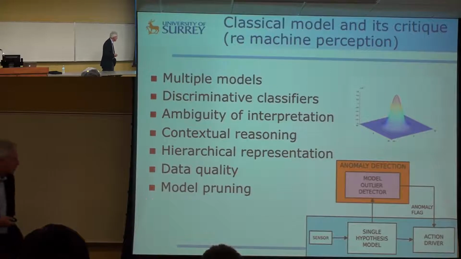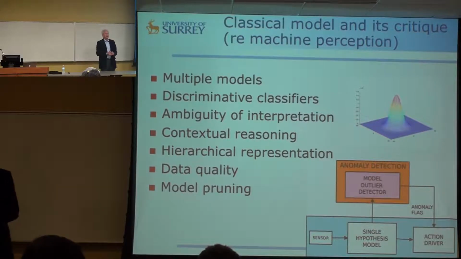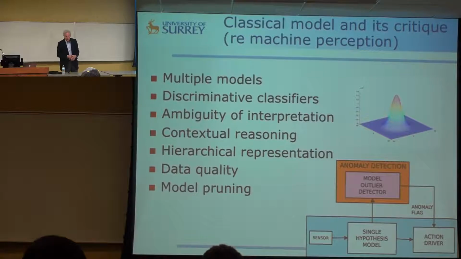And very often we inflict the anomaly problem on ourselves by trying to make our system very efficient. If you imagine that your complex machine perception system deals with more and more classes, then to make decisions efficiently, you very often organize the classes, ignore the ones which are unlikely to happen and deal with them as a secondary phenomenon.